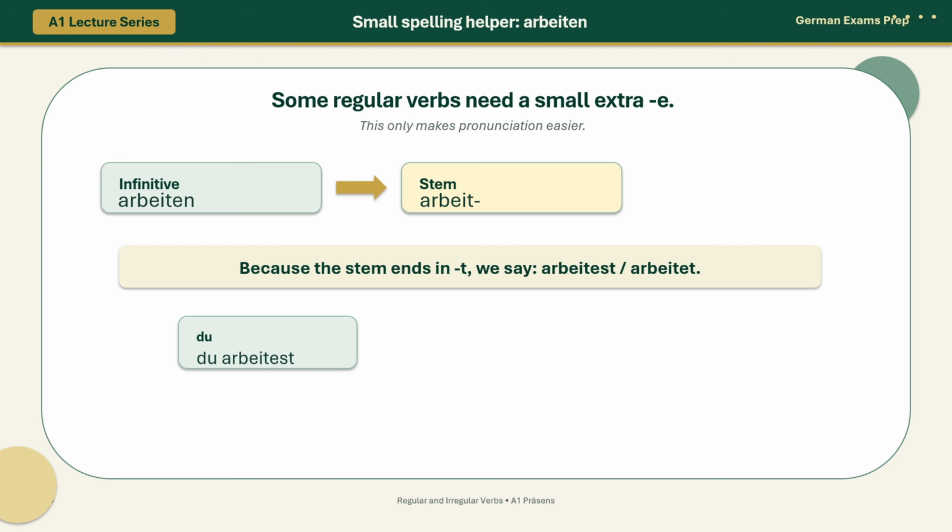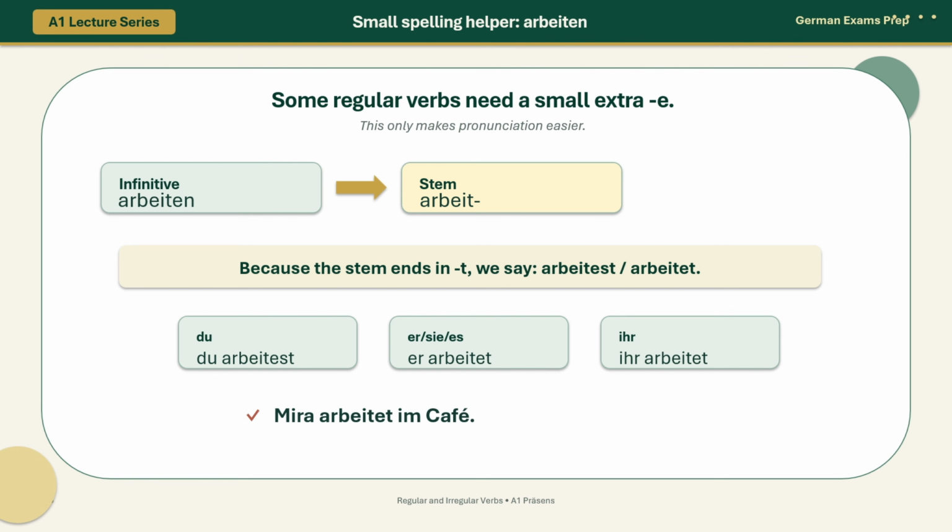We also say er arbeitet und ihr arbeitet. Like he works, you all work. Du arbeitest, you work. One more example, Mira arbeitet im Café. So Mira works in a cafe. This verb is still regular, but it needs a small pronunciation helper.